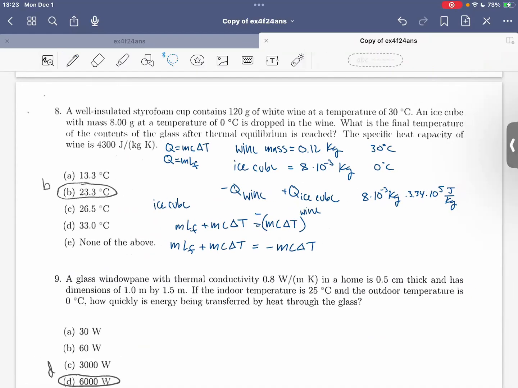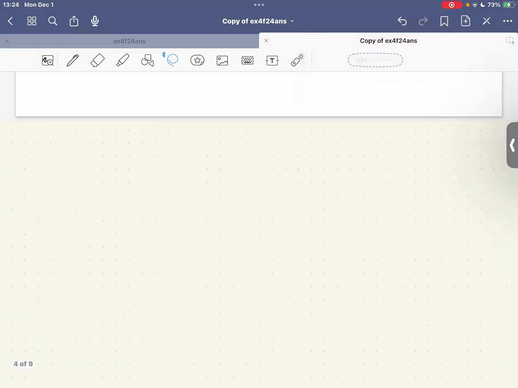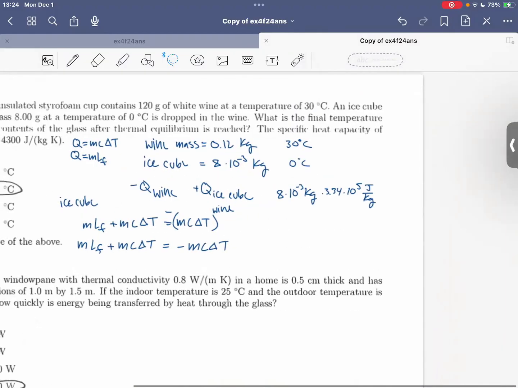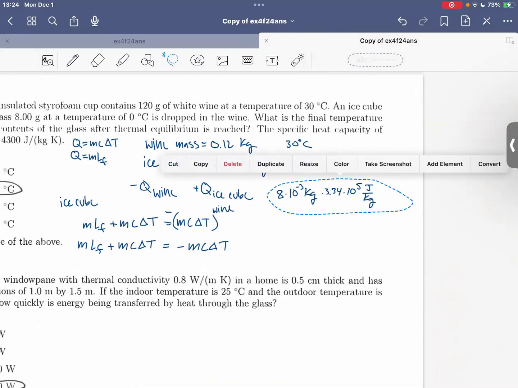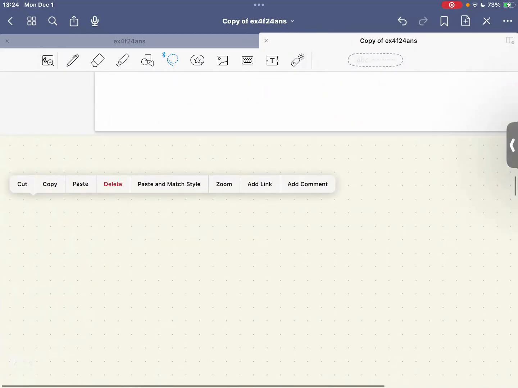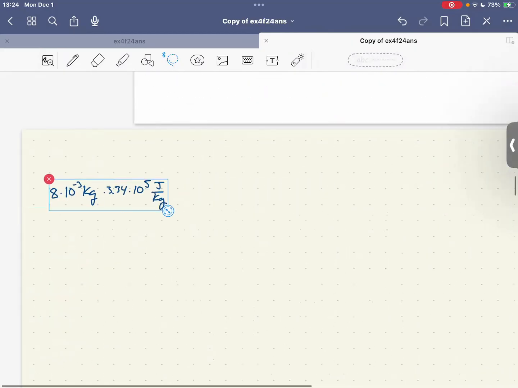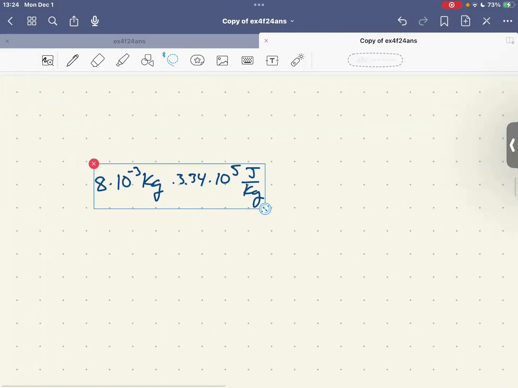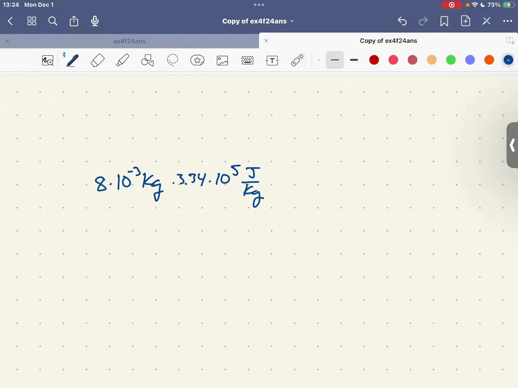Let's actually move this. Let's start a new page because I think we'll need the space. So here we have this is fusion ice cube, right? And then we have MC delta T of the ice cube.